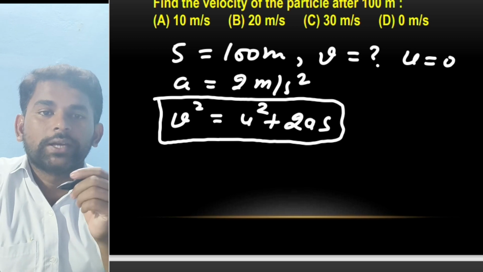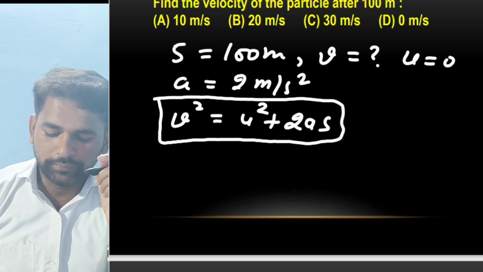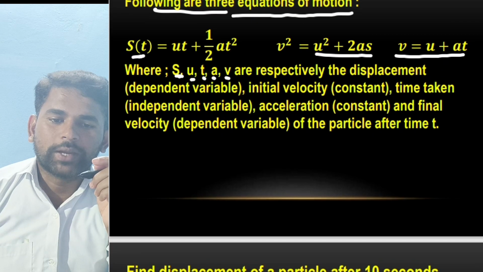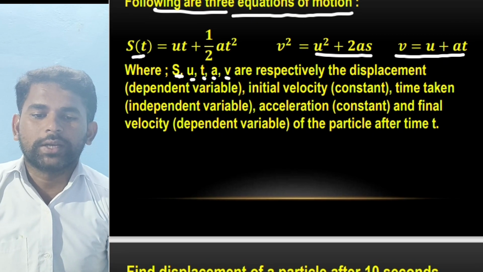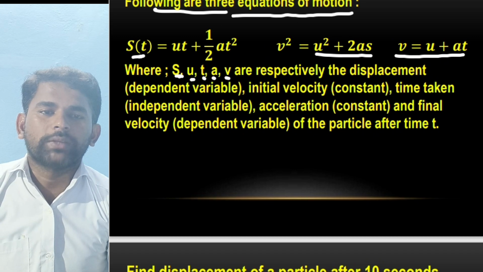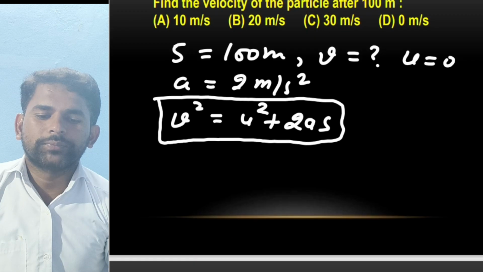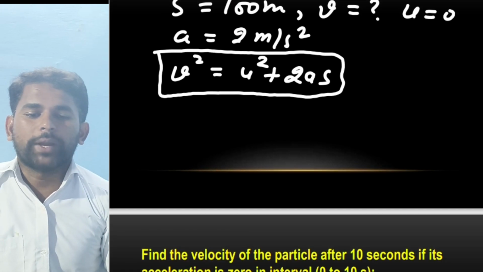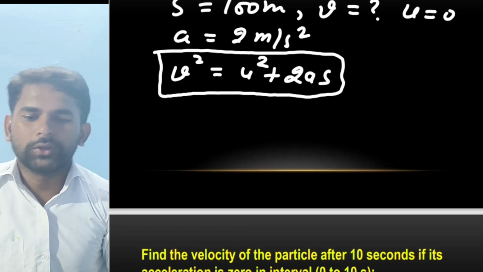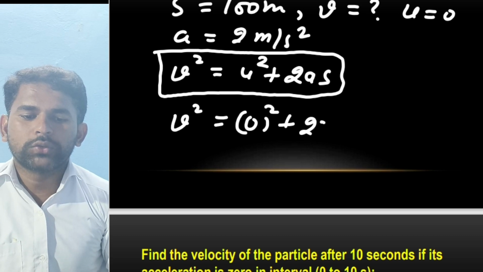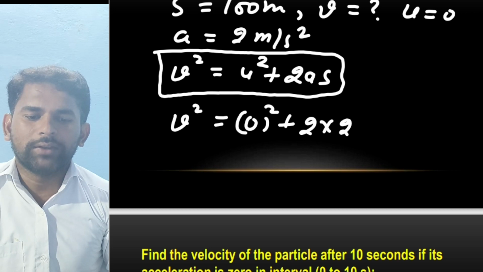Okay, so you can see that paragraph. That paragraph you can see here. Okay, this paragraph is given here. So the second condition given is v square is equal to u square plus 2as. So now we can apply this formula here. Okay, so we applied it and after putting the values, finally we can write v square is equal to u will be 0, initial velocity, plus 2 into acceleration 2 and displacement 100.